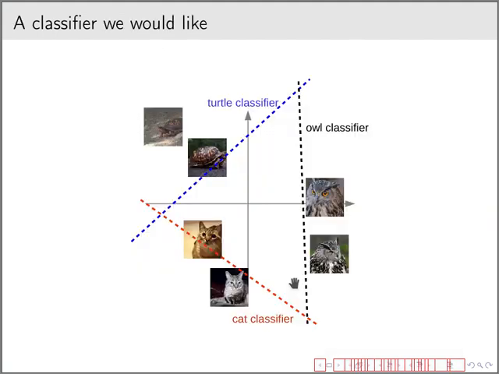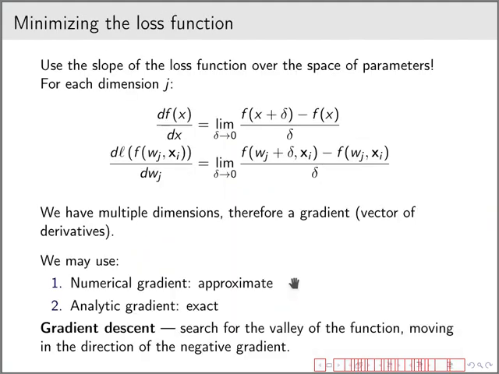We have to compute the derivative for every one of them because we have a gradient, a vector of derivatives. We may use a numerical gradient, which is an approximation of the analytic gradient, which is the exact solution.